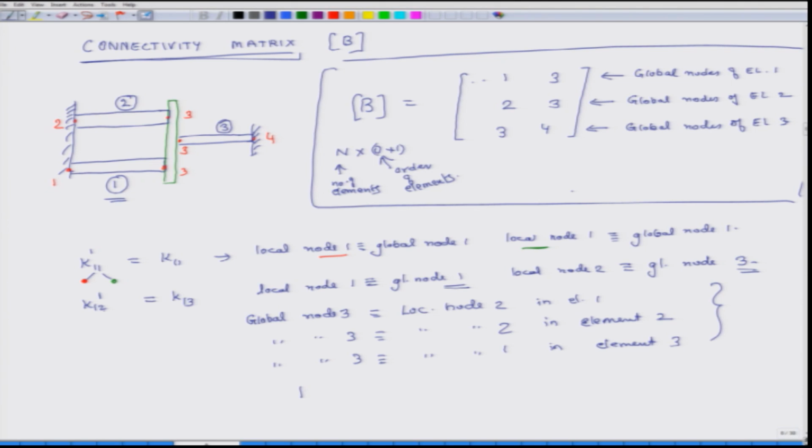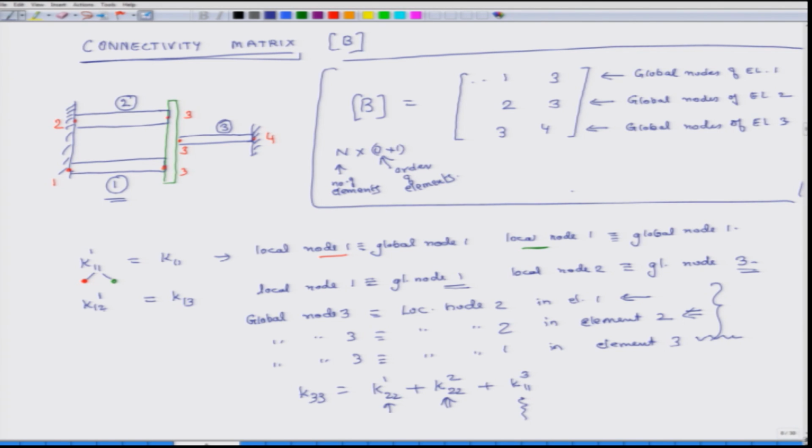So I can say that K33 is equal to K22 of element 1, this is coming from here, plus K22 of element 2, this is coming from here, plus K11 of element 3, this is coming from here, okay.